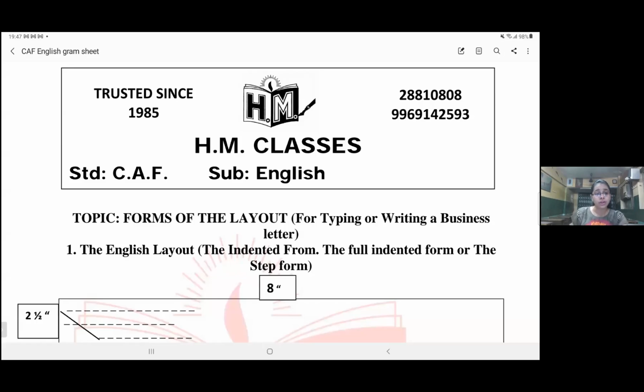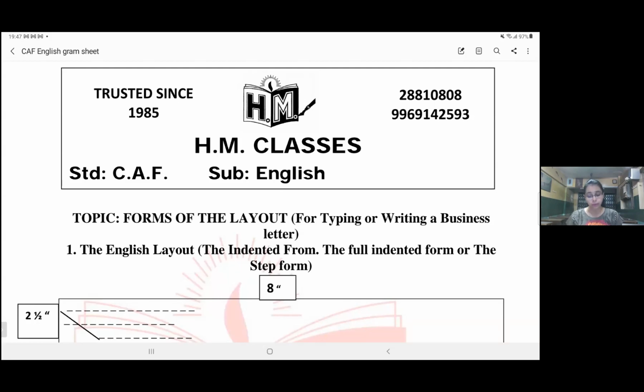All the worksheets are already there in your study material, in your application. After this lecture also, you all can go through the layouts. I'm discussing all the layouts that I have made, because when you are going through the module, they have not given the layout the way I have made.